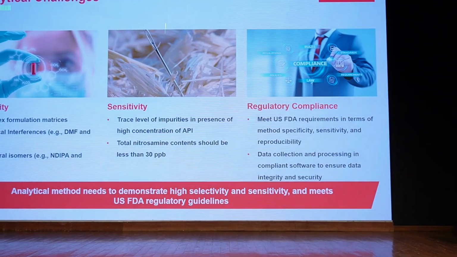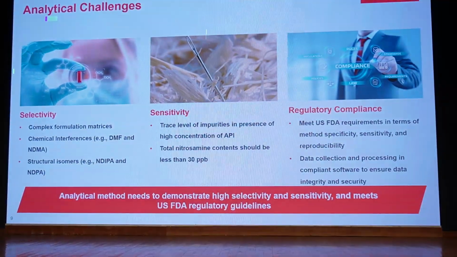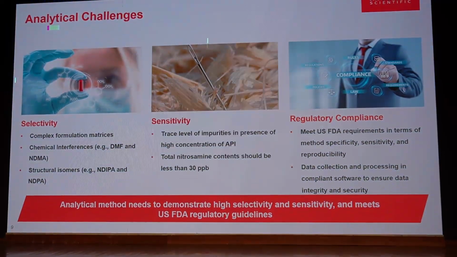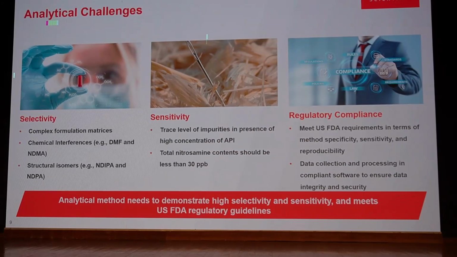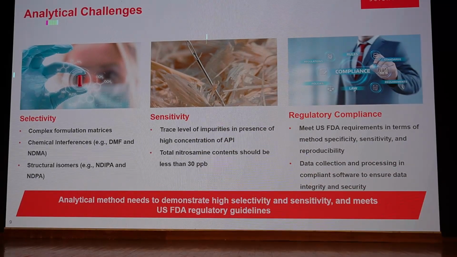First we talk about targeted analysis, where you can see the major analytical challenges people are finding in nitrosamine analysis. One is selectivity. When you talk about API, it is very good, you just take the API, extract it and monitor the nitrosamine.